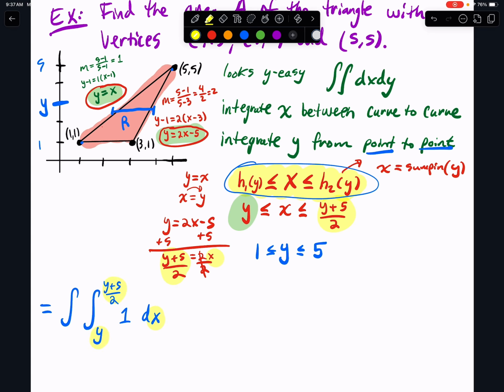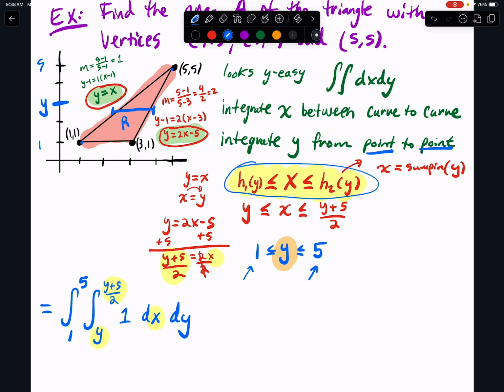And then the second part, I'm integrating with respect to y from point to point, so from 1 to 5, right there.